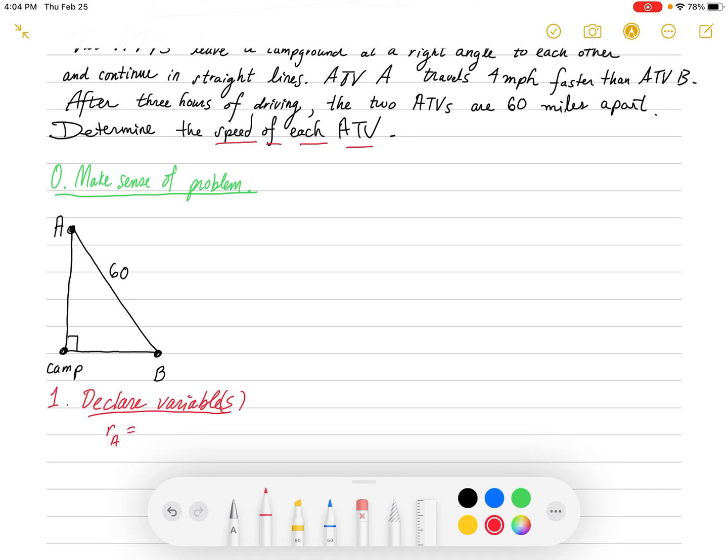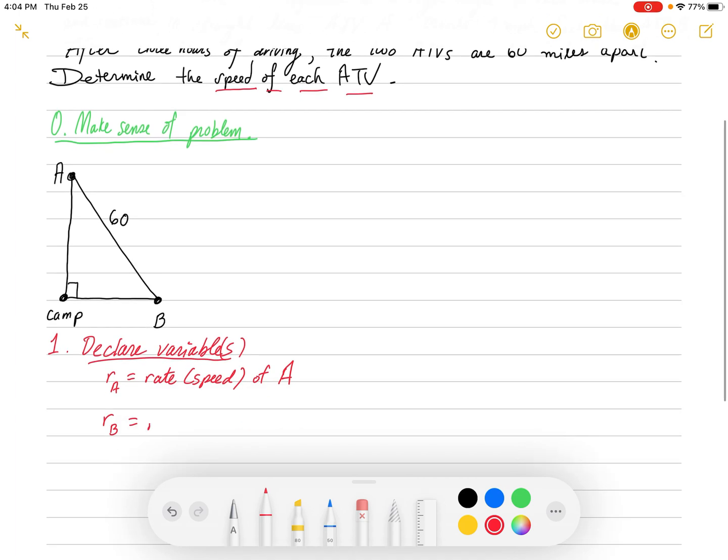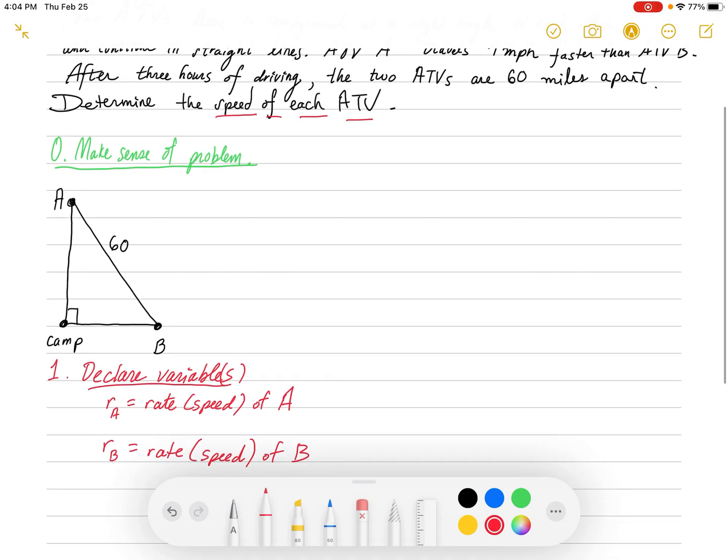So I'm going to call R sub A the rate, or the speed, of ATV A, and R sub B, it's a sub B, below the R, the rate, or the speed, of ATV B. So R_A is the speed of A, R_B is the speed of B. So we need to come up with some equations.